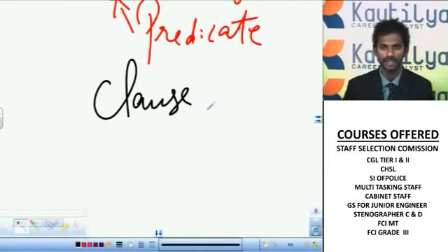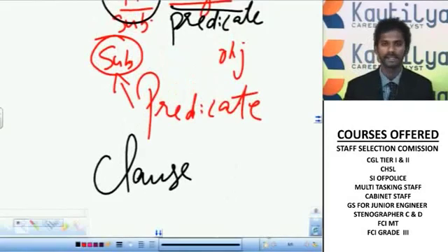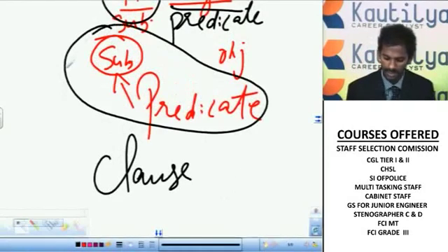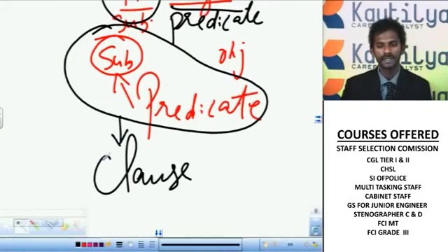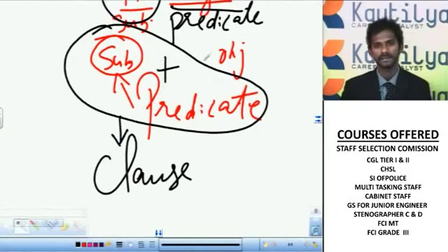Now, a clause is a part of a sentence containing a subject and a predicate. That means clause is subject plus predicate, right?